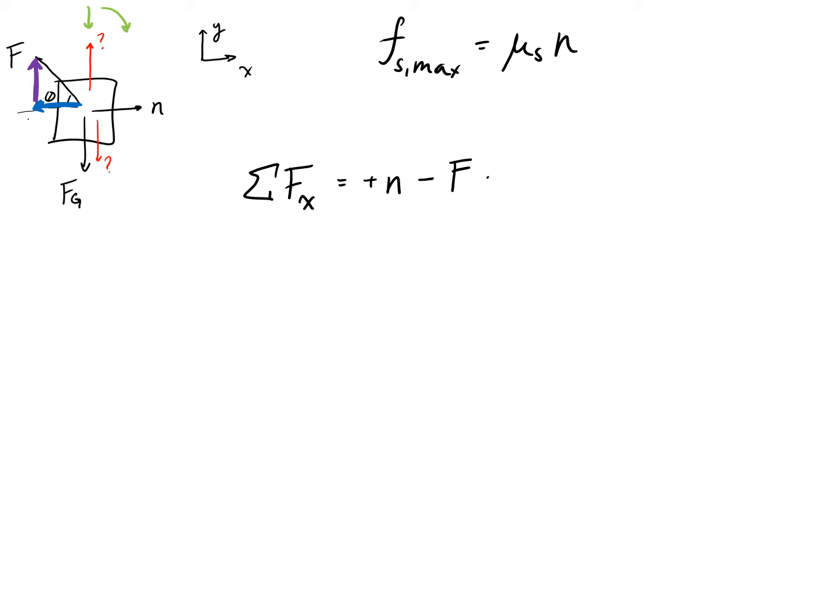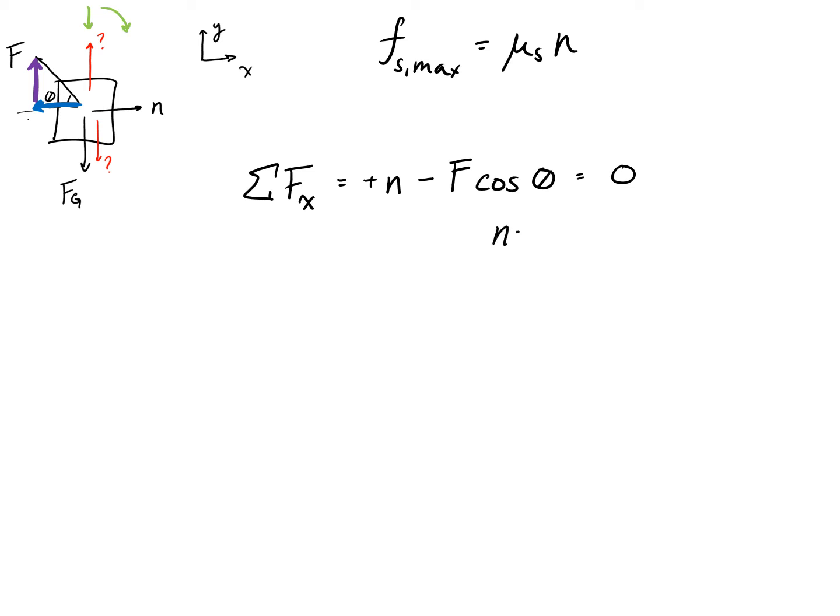So I need to have F cosine theta. And in this case, my object is just going to be moving up or down the wall, which is my y direction. So that means I have Newton's first law in this case. Again, I'm not moving in my x direction as I'm moving up and down the wall.